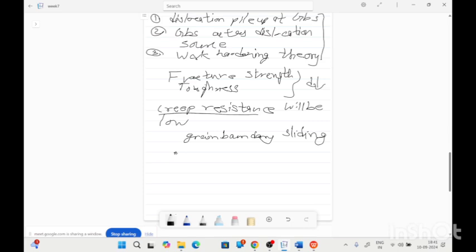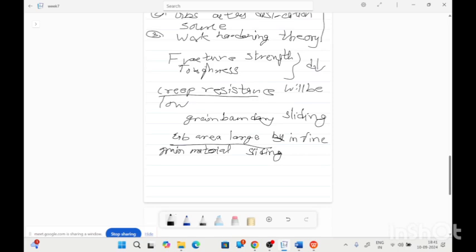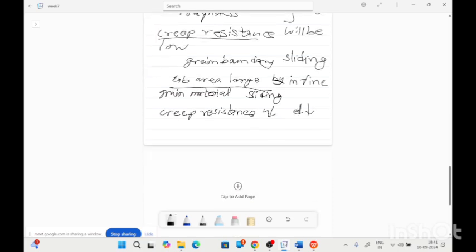If the grain boundary area is large in the fine grain material, then due to the large grain boundary area, the grain boundary sliding behavior will be high, and due to the grain boundary sliding, the creep resistance will decrease with decrease in grain size.